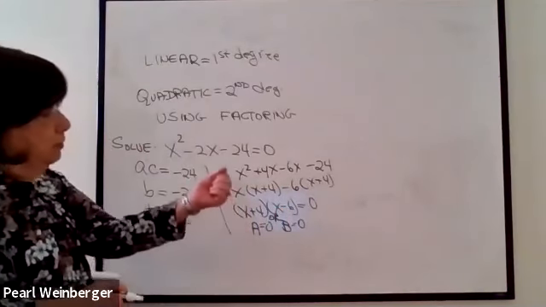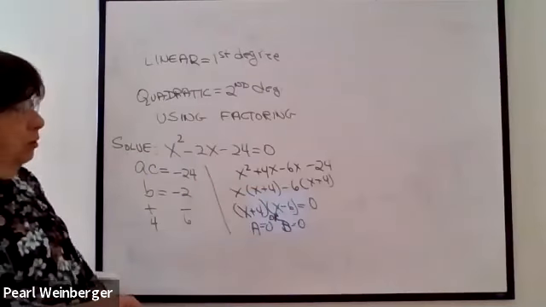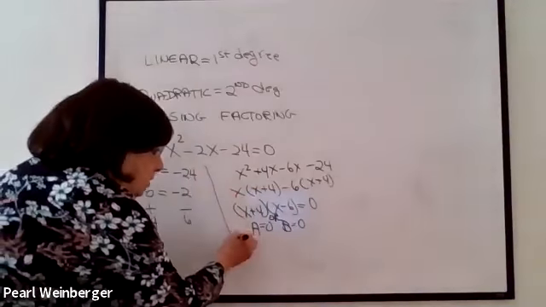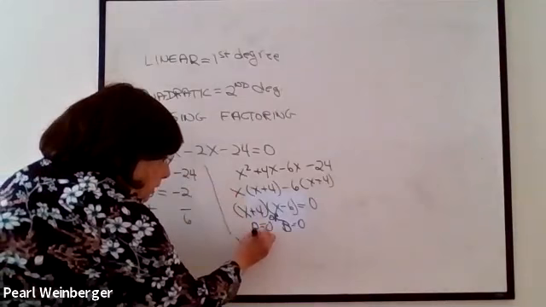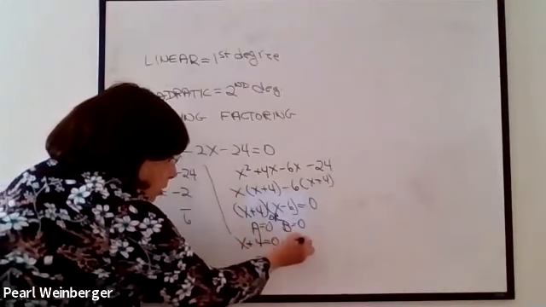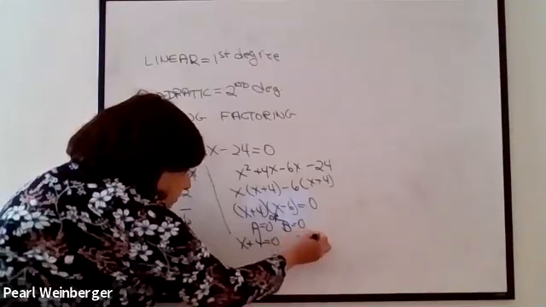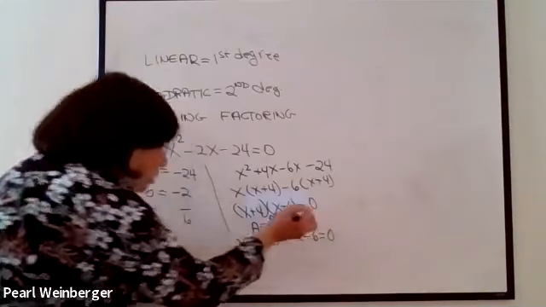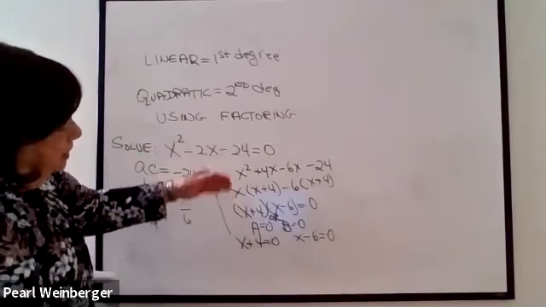Either the A has to be equal to 0 or the B is equal to 0. Well, that means either the x plus 4 equals 0 or the x minus 6 equals 0, which tells us what our next step is.